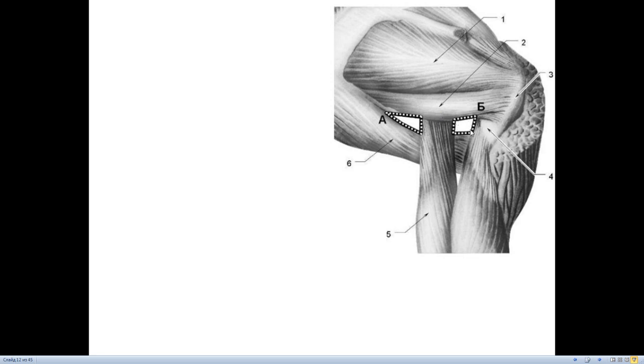Foramen quadrilaterum is formed superiorly by the teres minor muscle and subscapular muscle, inferiorly by the teres major muscle, medially by the long head of the triceps brachii muscle, and laterally by the surgical neck of the humerus bone.